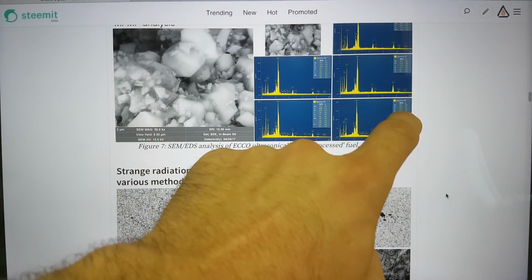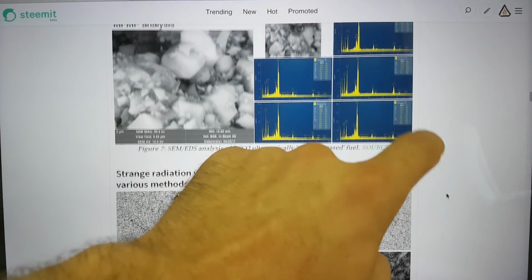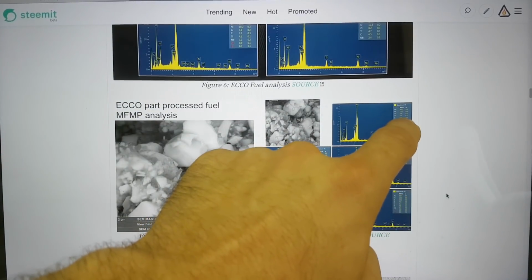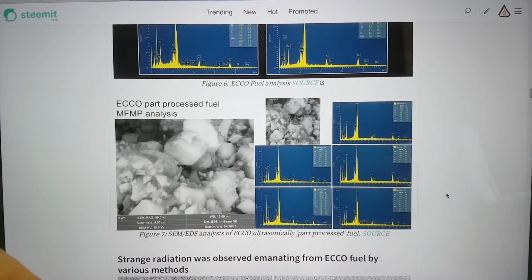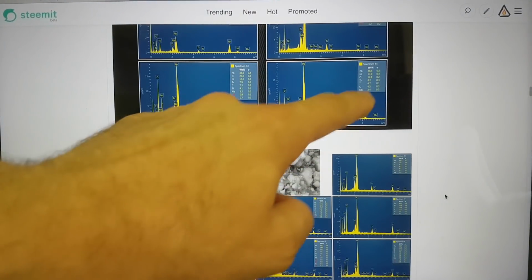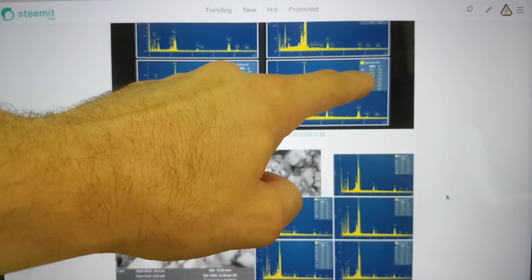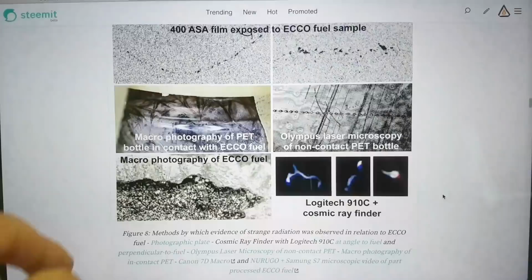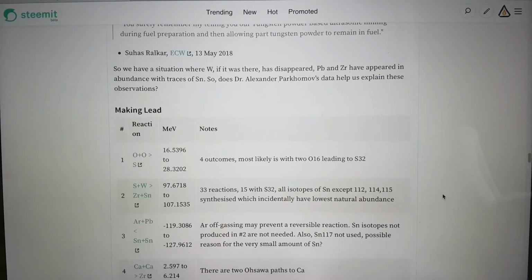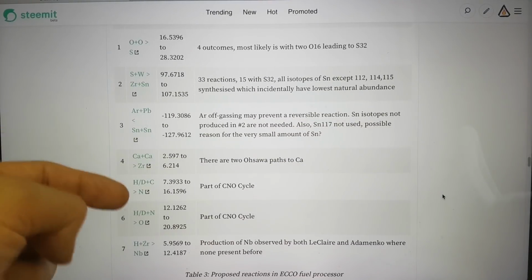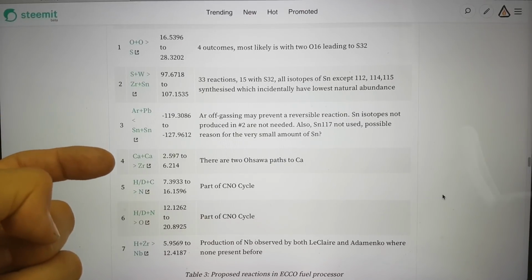So you have like 7.9 by weight and 8.3 by weight. And this is 8.2 by weight. When you consider that lead is much heavier, then this is actually quite a lot of zirconium that's coming out of the process. So there are various paths to zirconium.